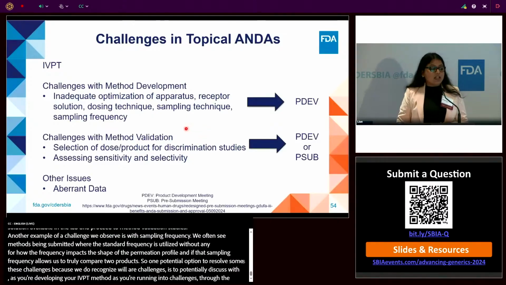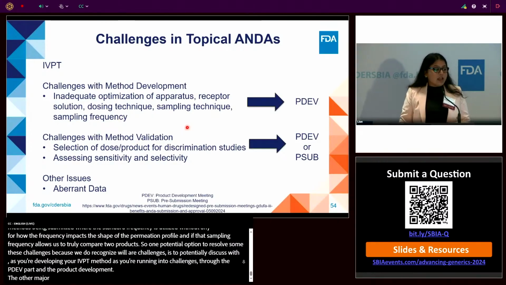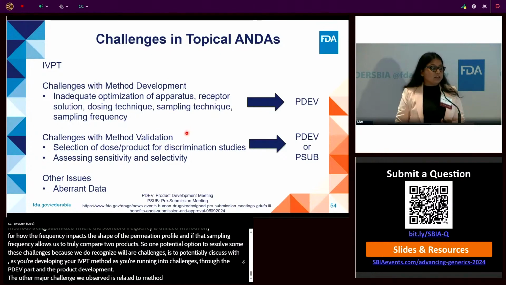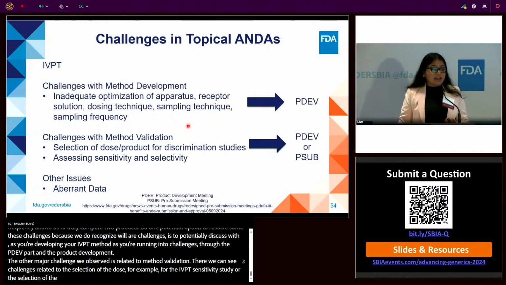The other major challenge that we observe related to IVPT is related to method validation. And there we see challenges related to the selection of the dose, for example, for the IVPT sensitivity study, or the selection of the alternative formulation for the IVPT selectivity study. And in this situation also, we feel like we have guidance out there about how to select the dose.